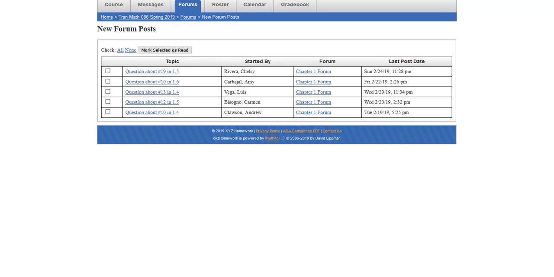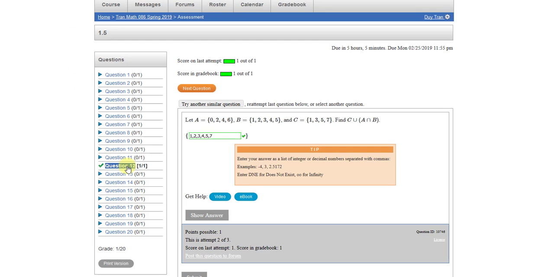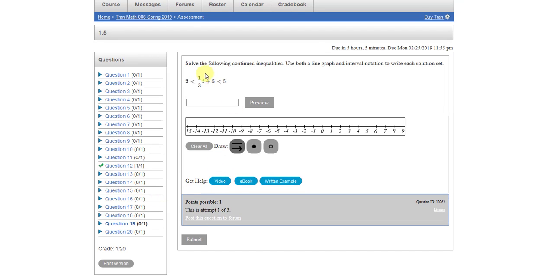Okay, the next one, 1.5, 12, and 19. Is it 12? 19 is here. Solve the following continued inequalities and use both a line graph and interval notation to write each solution set.